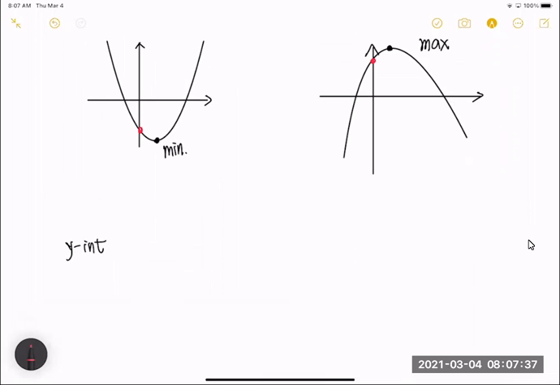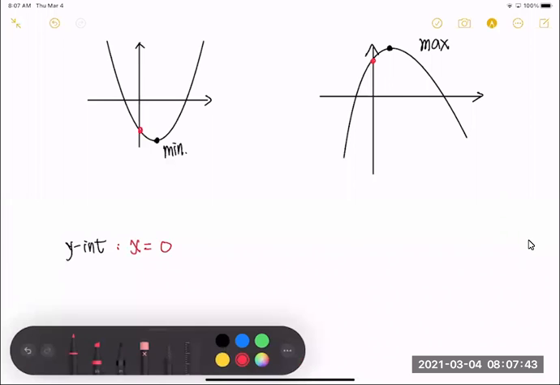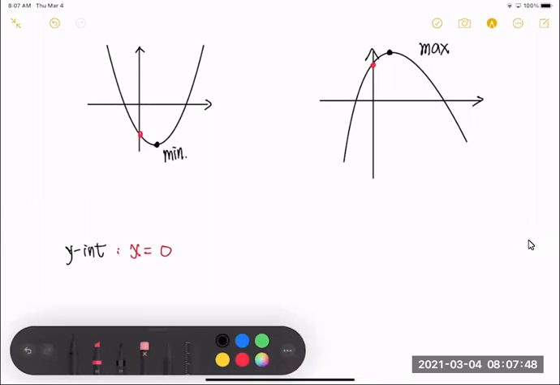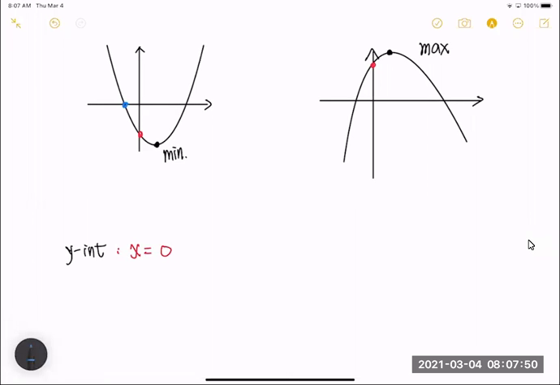So that means the x coordinate equals 0. And similarly, let's look at the x-intercept. For the x-intercepts, what do they have in common? Right, their y equals 0.